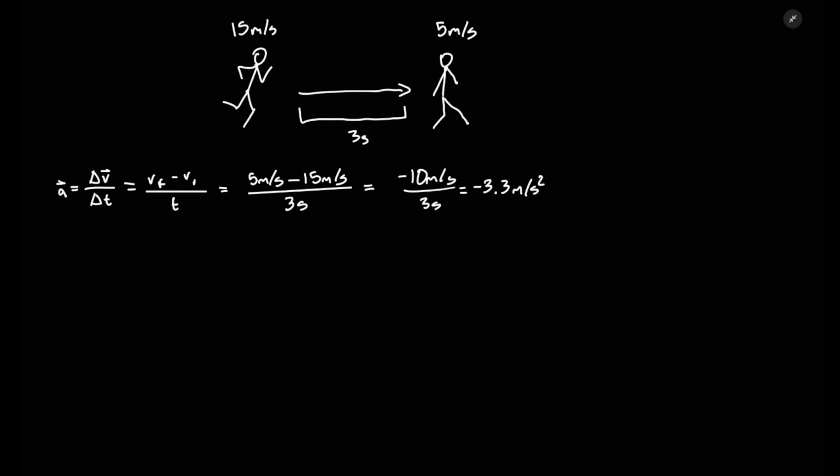It's acceleration, just in a different direction. So with negative 3.3, we'll just say our positive was east, our negative is west. So negative 3.3 meters per second squared east, or if we're taking it in terms of west, we're just going to write 3.3 meters per second squared in the west direction. And that is our final answer.